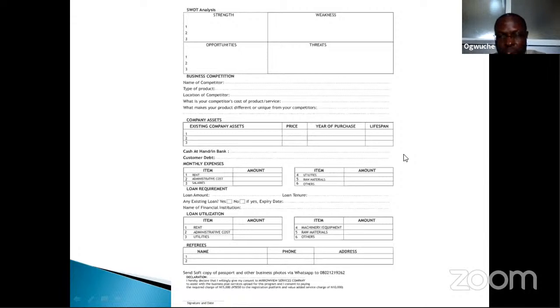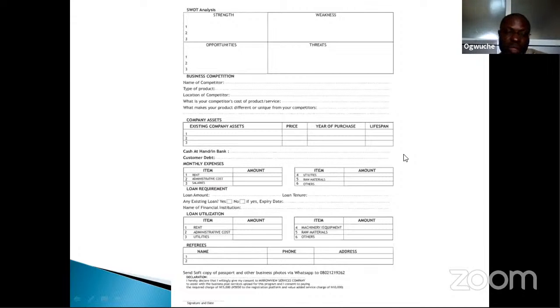Somebody asked a question in the first class with respect to startups and then existing business. And the question was, he believes that the amount that can be approved for startup will be different from that for existing. Yes, of course it will be. The bank has fixed it in such a way that if you are a startup, you are just starting a business, the maximum amount of money you can access is 5 million naira.